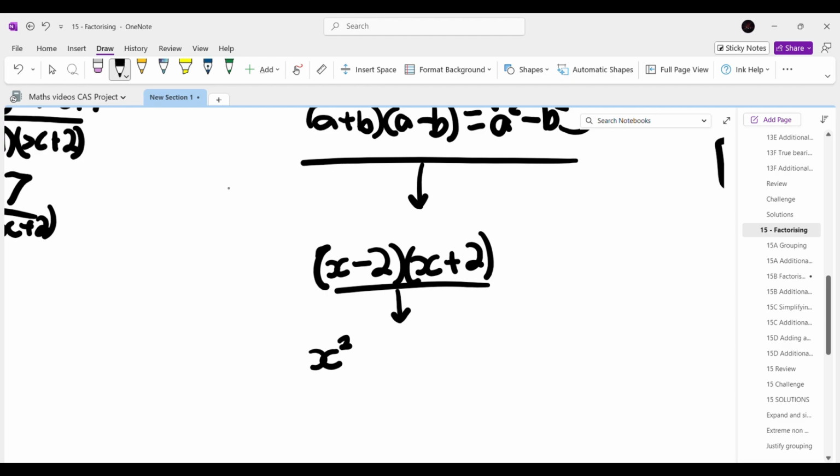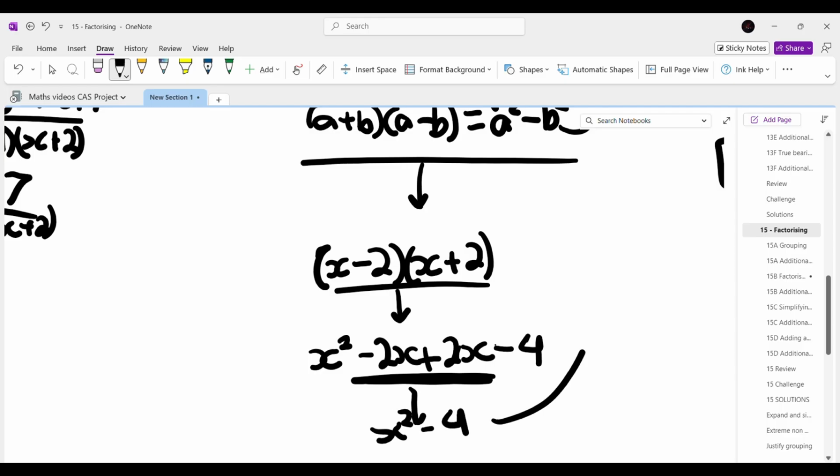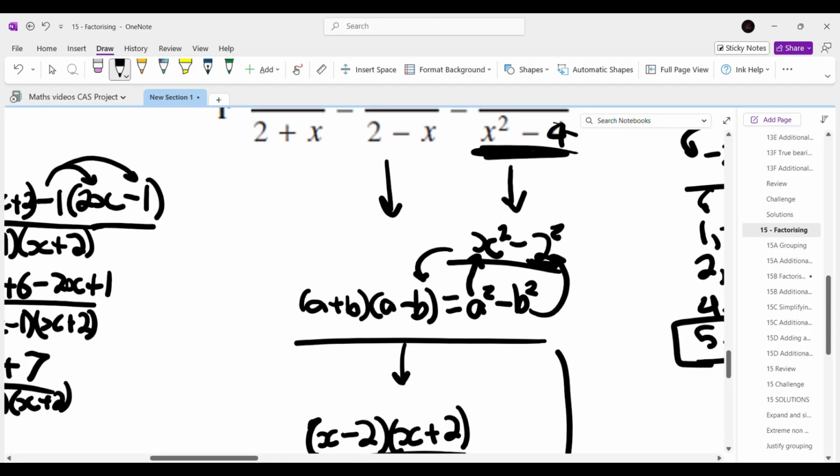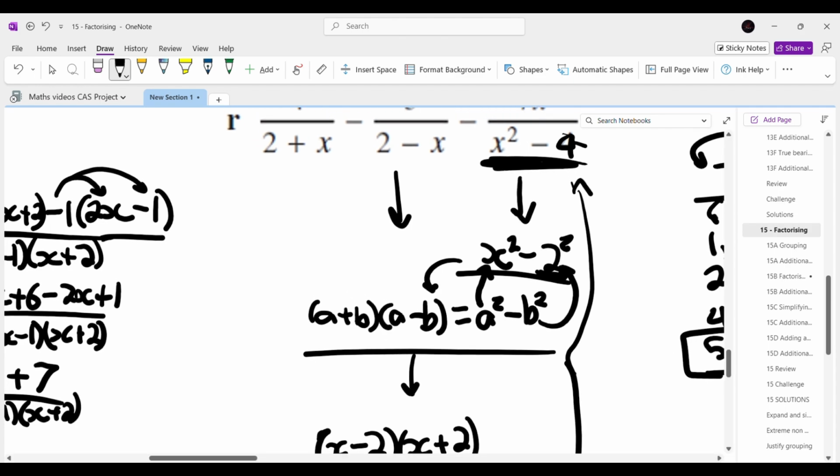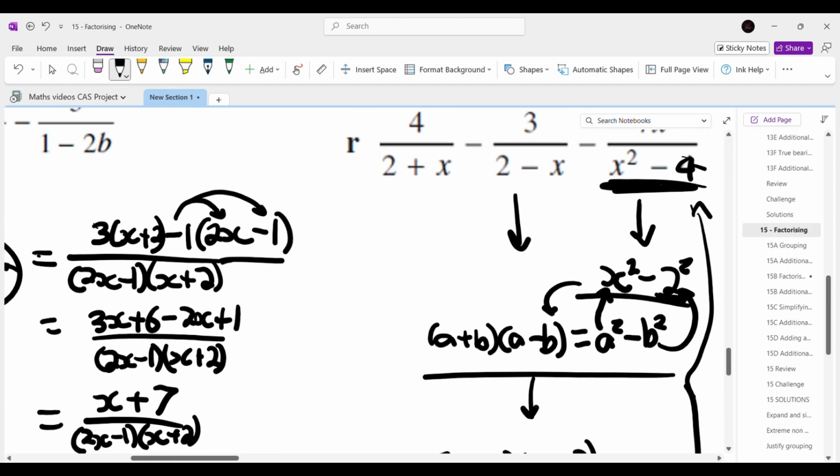So we just end up with x squared minus 2x plus 2x, and see, these terms will cancel out, and then we just have minus 2 times plus 2, which is just minus 4. And so this is just x squared minus 4, which is what we have in the numerator over here. So obviously we already have our plus and minus values.